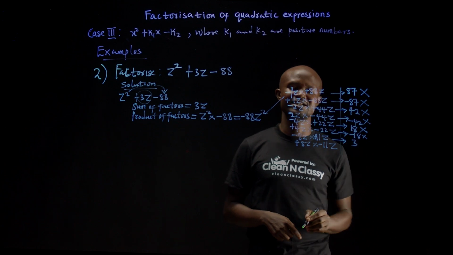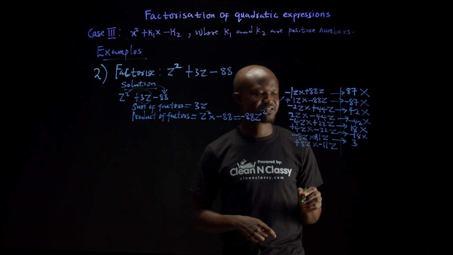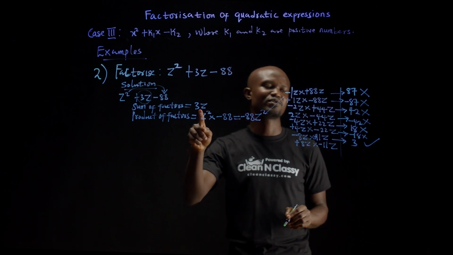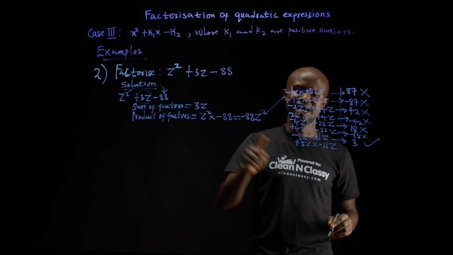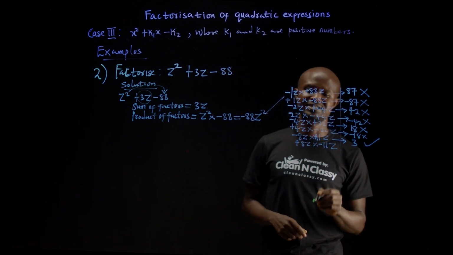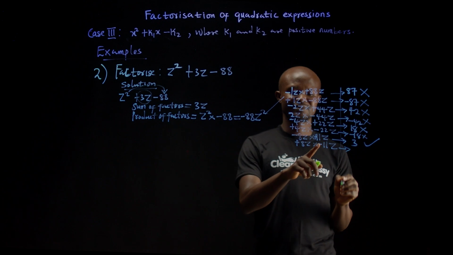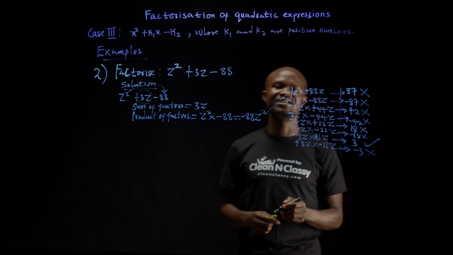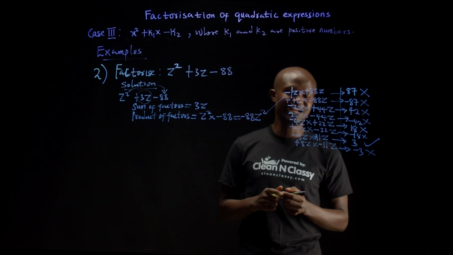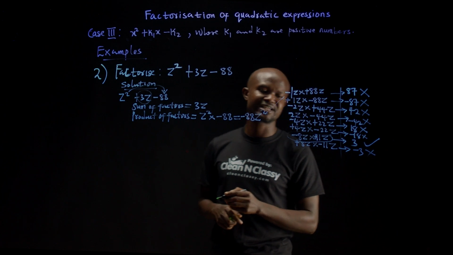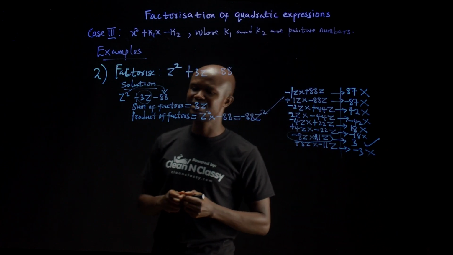This gives us 3. So in that case, this satisfies the sum condition, because for the sum, we must have 3z, and 11z minus 8z will give us 3z. While the last one, 8 minus 11, that's minus 3, does not satisfy the sum condition. So the only one that satisfies the sum condition is minus 8 and plus 11.